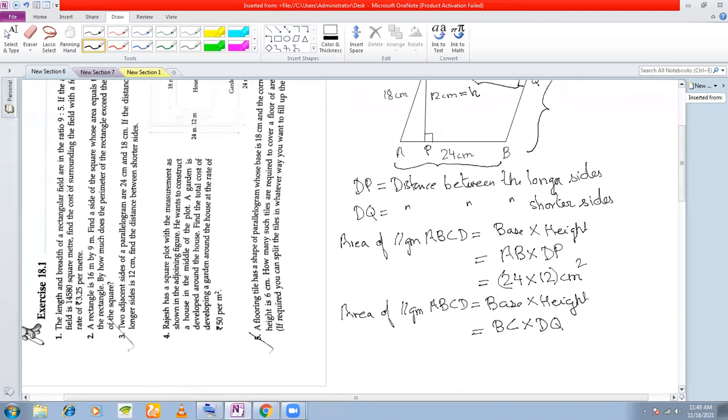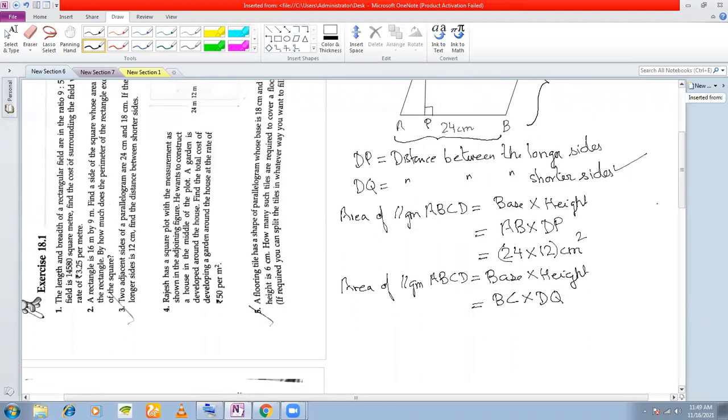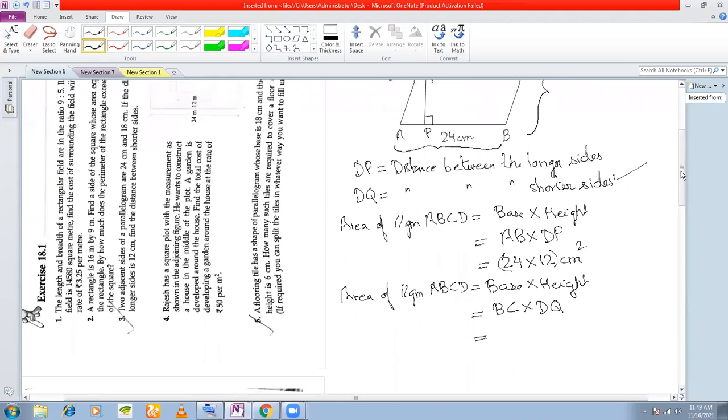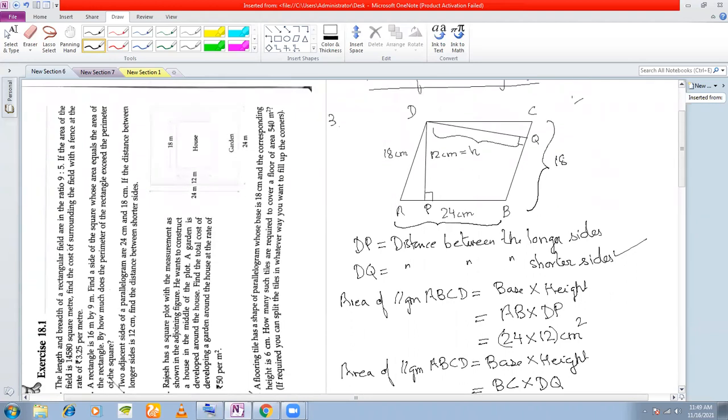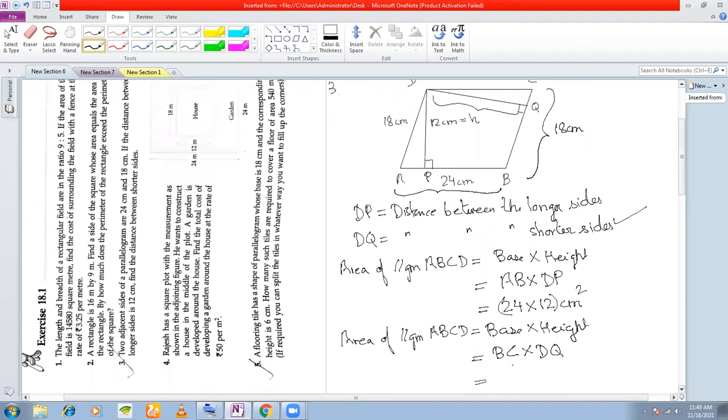And we need to calculate DQ because DQ is the distance between the shorter sides. The length of BC here is 18 centimeters, because opposite sides of a parallelogram are equal. So 18 into DQ.